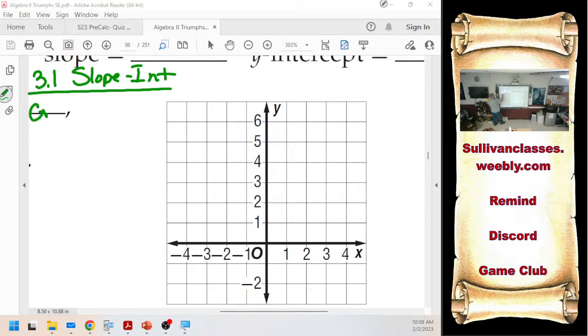I would like you to graph and label. Label? Nope. English is important, but math is importanter. Okay?